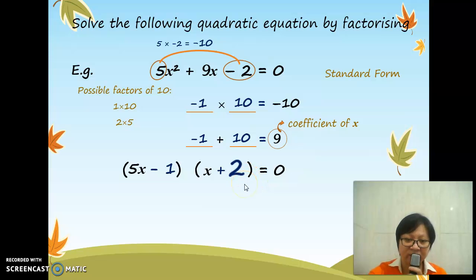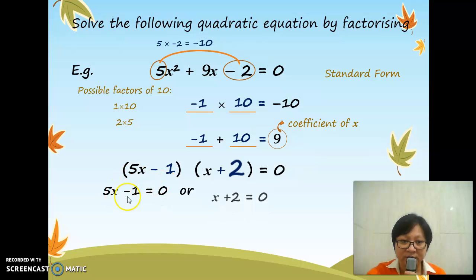It's time to solve. To solve the quadratic equation, we can use the zero factor property. 5x minus 1 equals 0, or x plus 2 equals 0. So we need to solve the left side first using balance method to eliminate the negative 1. I put plus 1 on the left side.